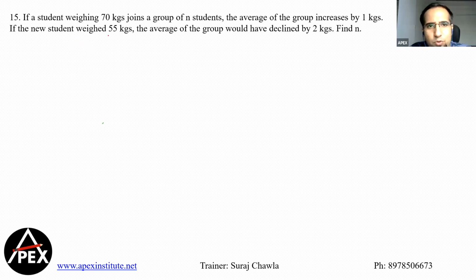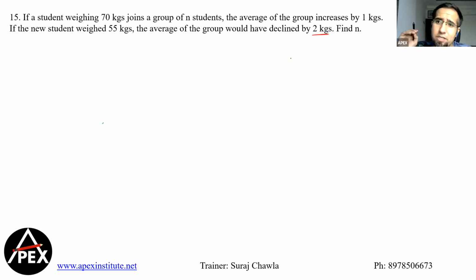Let's see this, guys. If a student weighing 70 kg joins the group of n students, the average declines by 1. If a new student weighing 55 kgs joins, the average of the group would have declined by 2.